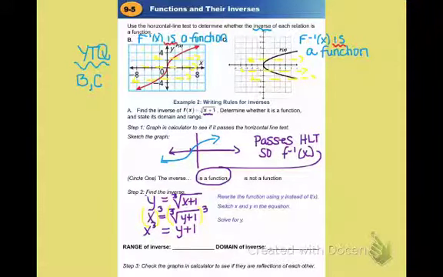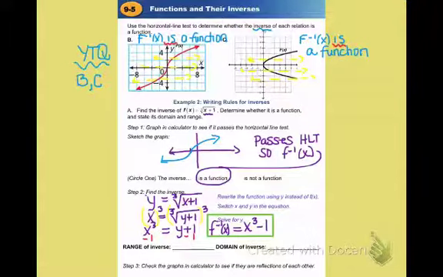And then all I have to do is subtract that 1 from the right-hand side, bring it to the left, and write it in terms of y. So y is equal to x cubed minus 1. And then if I wanted to write it in function notation, I would write f inverse of x equals x cubed minus 1.